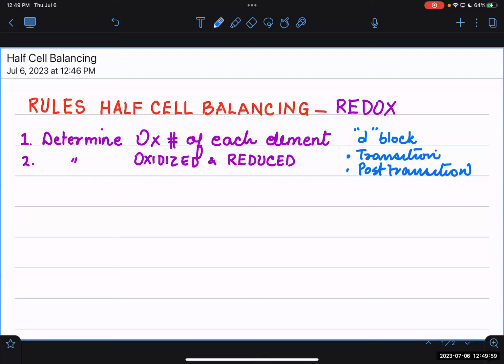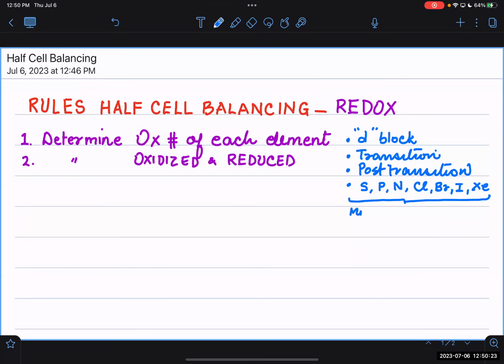and also elements such as sulfur, phosphorus, nitrogen, chlorine, bromine, iodine, and xenon. These can also have more than one type of positive charge, or they can make more than one type of bond.